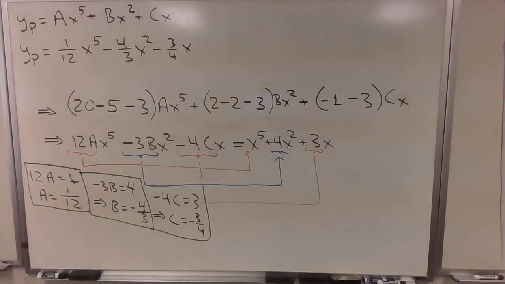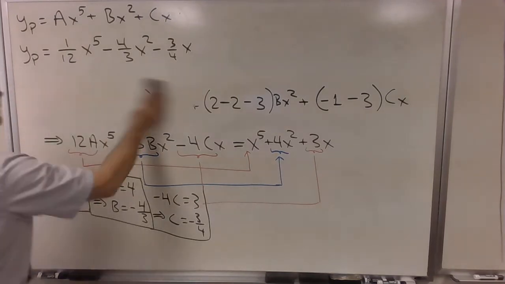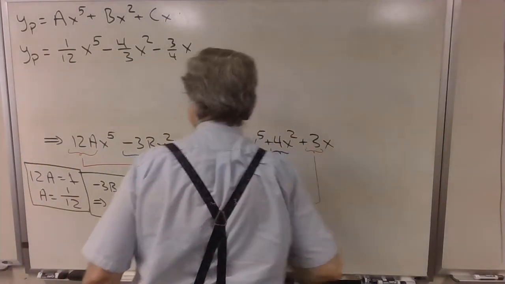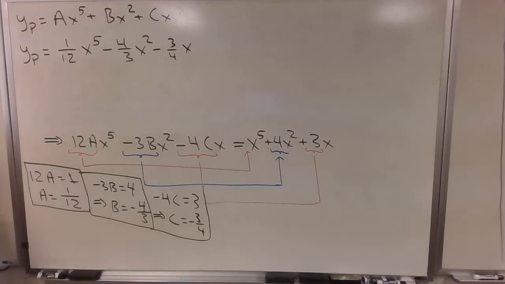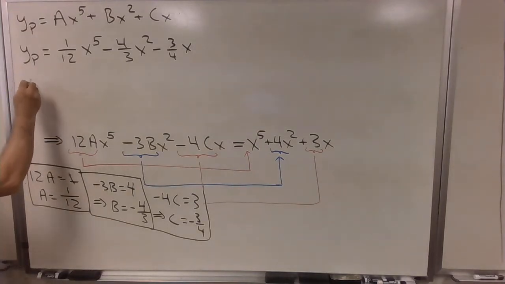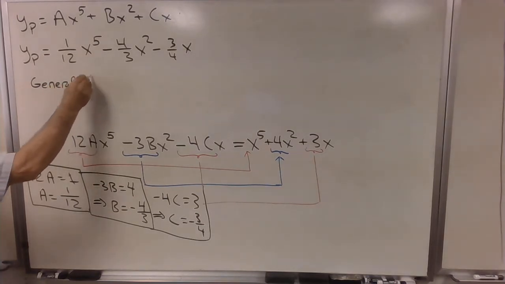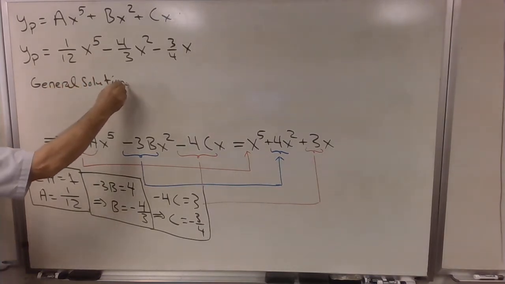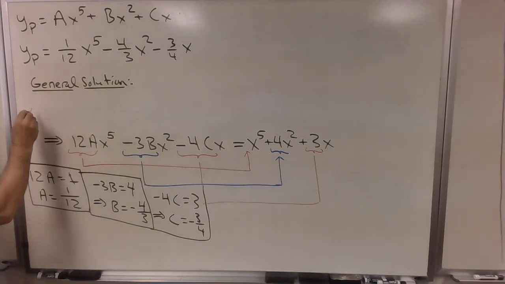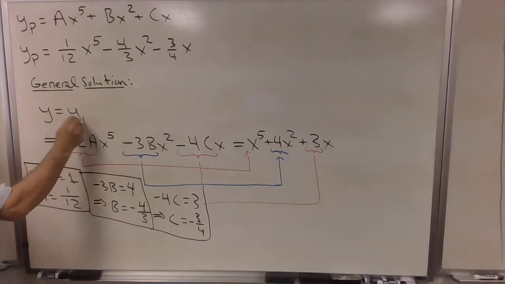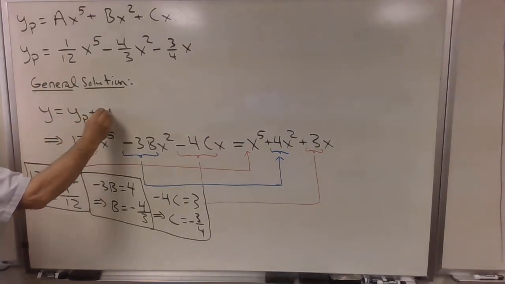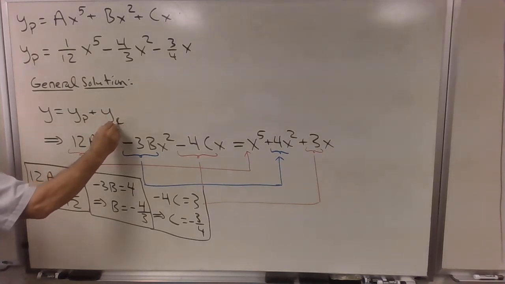Okay, there's our particular solution using the values of A, B, and C that we solved for. So let's finish this up. Our general solution, we take the particular plus the complementary.